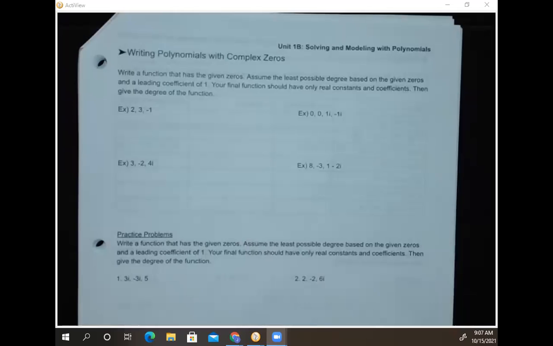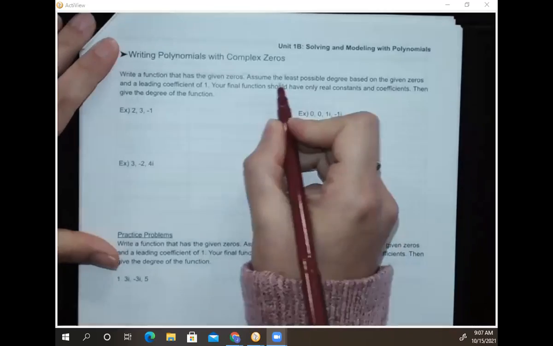Anytime we're writing polynomial functions based on given information, I want to just use the information that I'm provided. So don't add in exponents if I don't see something listed multiple times. If it says in your directions, assume your lead coefficient is 1, and you don't have a reason to think that it would be -1 or 15 or something like that, just leave it as 1. So that's what we're saying here.